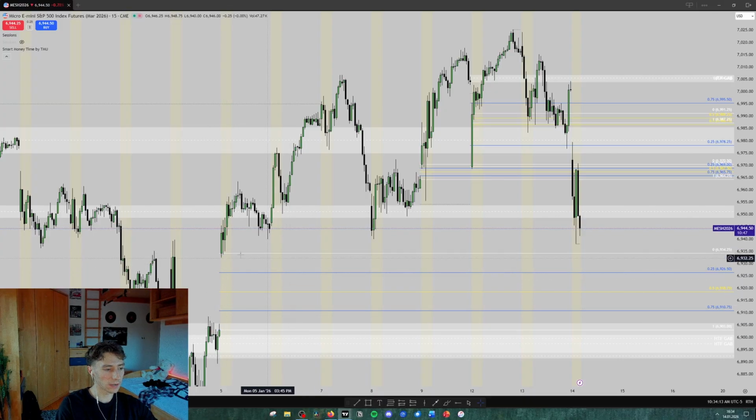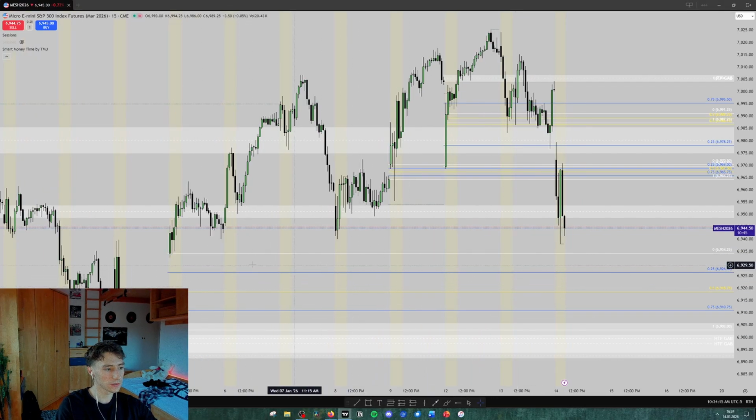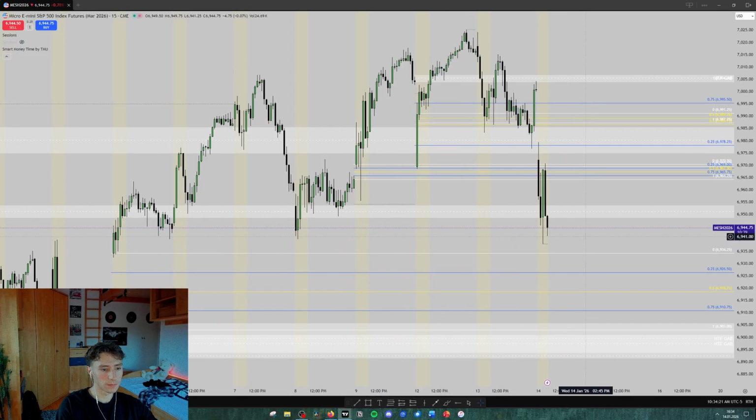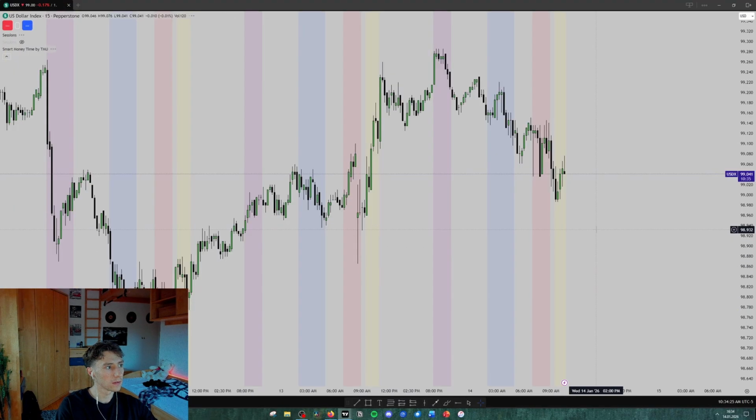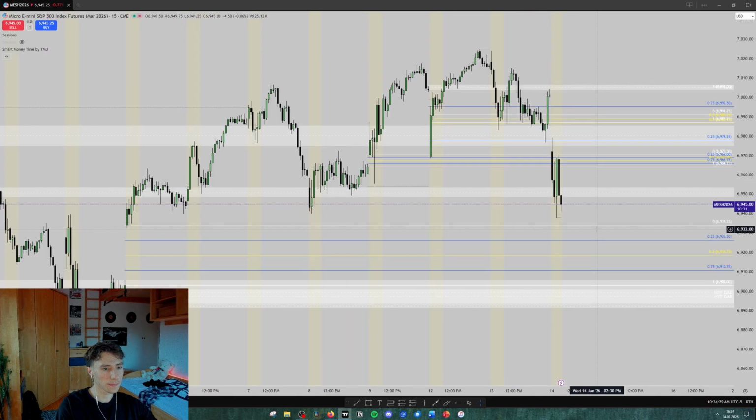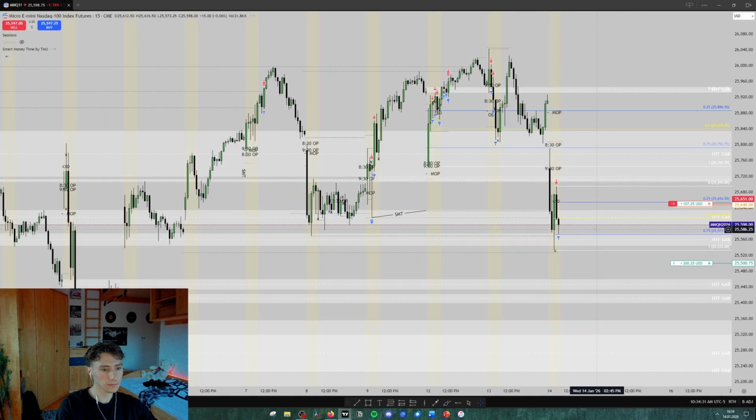So we definitely have a huge inefficiency right here, because that's a new open range gap from Monday, untraded, and I want to see that we trade back to it on ES as well. That's the gap I'm referring to. So I can maybe label this one out as well.